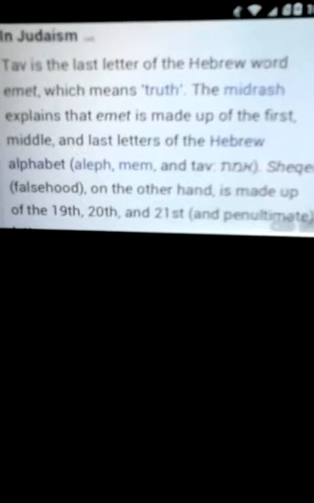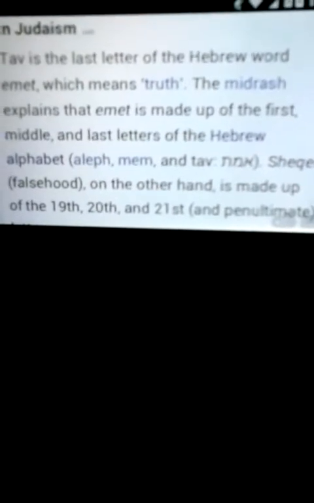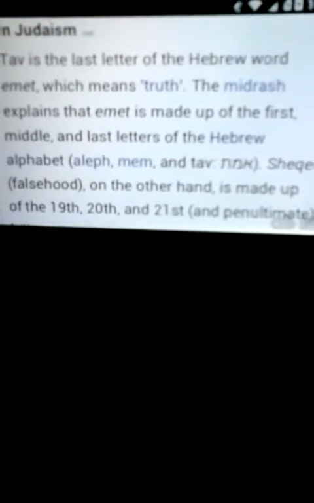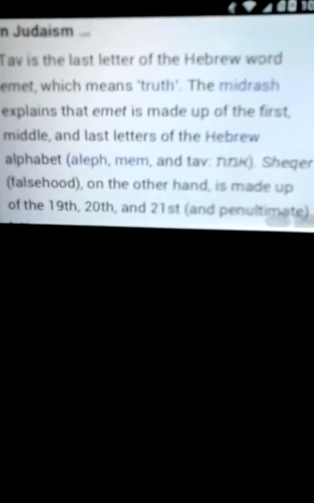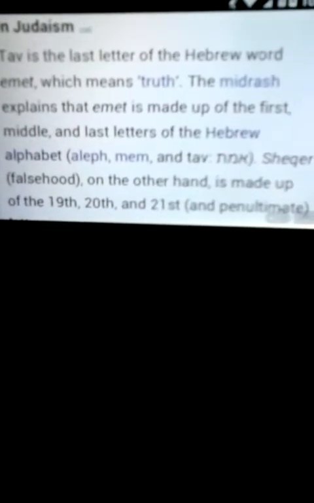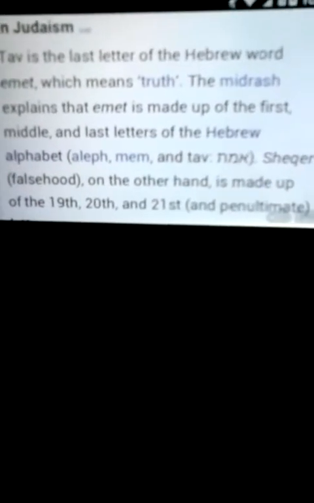The letter T is very well used in Hebrew. When they say Boker Tov, good morning, or Erev Tov, good night, you see the T inside the word good.